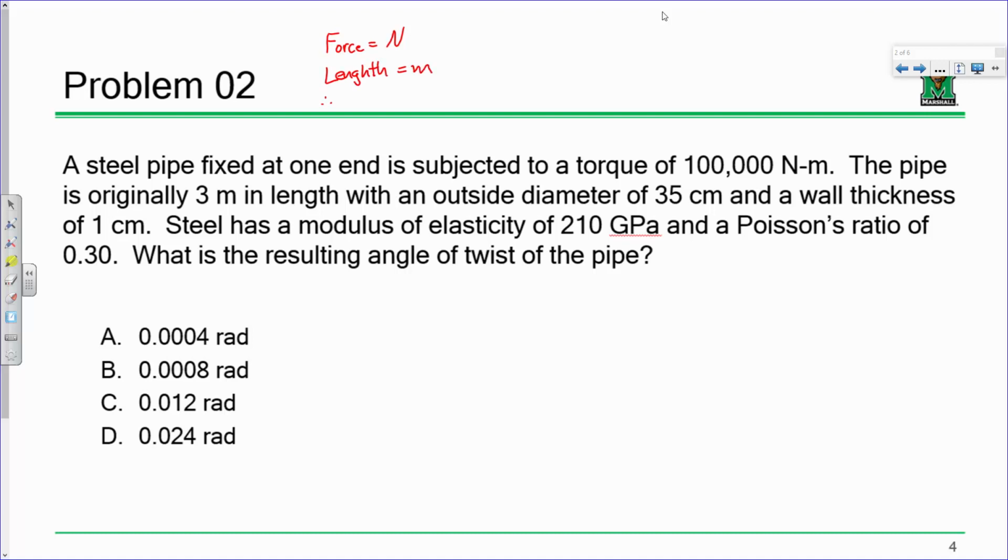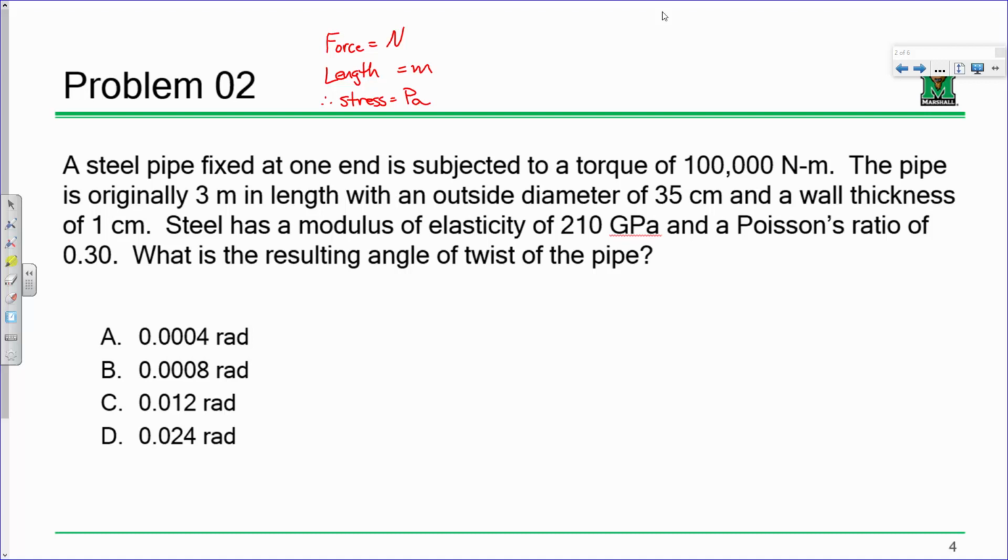So stress is in pascals. Now this problem is a little different. Instead of this problem being an axial load where it's PL over EA, this one is a torsion problem.